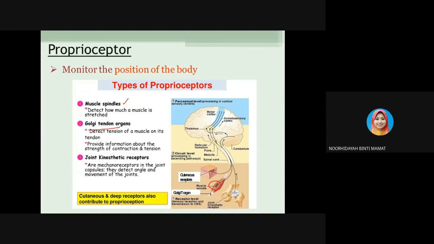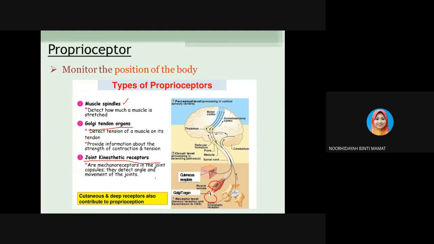We also have the Golgi tendon organs, which detect the tension of the muscles on its tendon, and also provide information about the strength of contraction and tension of the muscles. So that is the second type of proprioceptors. The third one is the joint kinesthetic receptor.